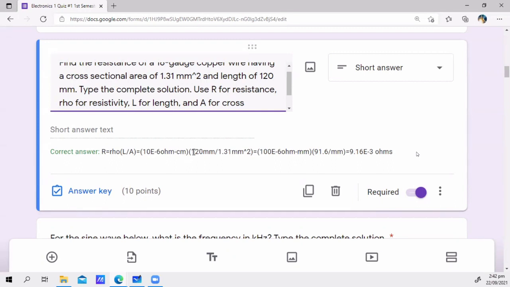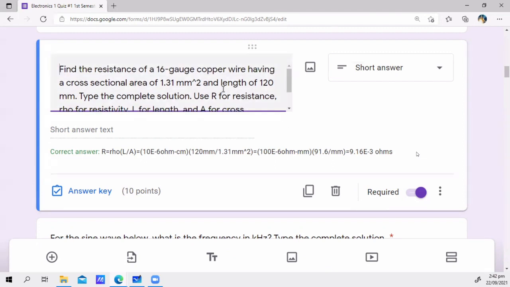Okay? So this is the length, which is 120 millimeter. Ang haba daw niya is 120 millimeter. At yung kanyang taba or yung kanyang cross-sectional area ay 1.31 square millimeter. Okay. So by the way, no, before we proceed with that, pag sinabing gauge, no, ng mga wires, gauge indicates the thickness of the wire.